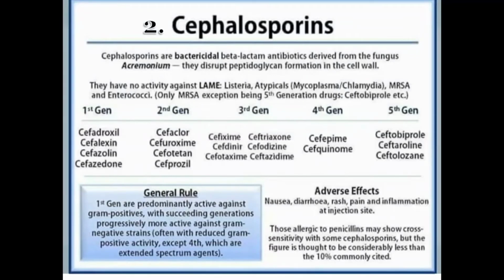Examples of first generation include cefadroxil, cefalexin, cefazolin, and cefazedone. In second generation, we have cefaclor, cefuroxime, cefotetan, cefprozil, and cefamandole.